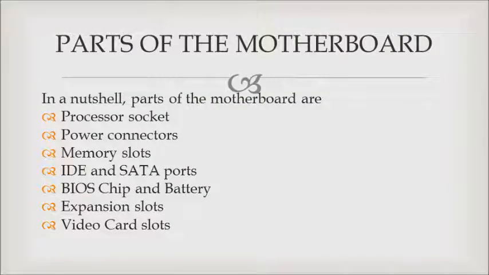Parts of a motherboard. In a nutshell, the parts of a motherboard are the processor socket, the power connectors, memory slots, IDE and SATA ports, BIOS chip and battery, expansion slots, video card slots. There are other slots as well, but we just said the major parts. The processor socket is the part where the processor is placed.